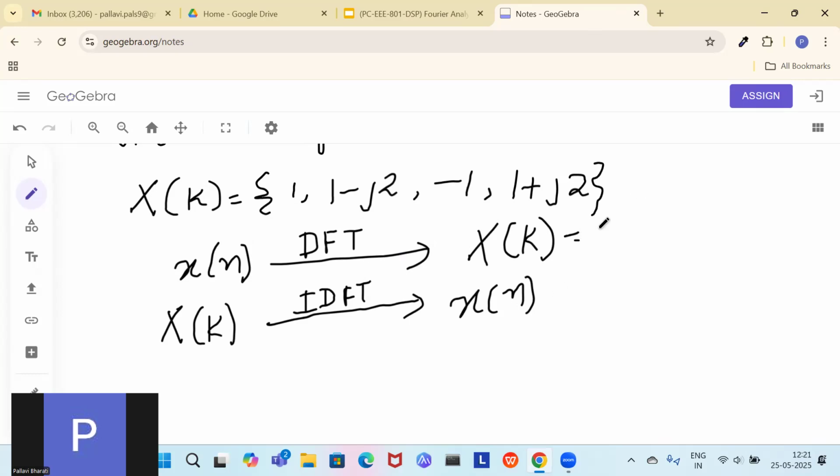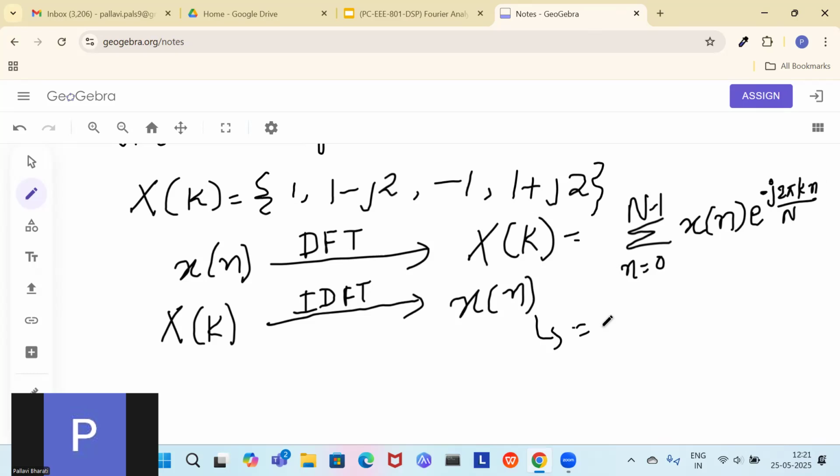The formula for X(k) is the summation of x(n), n equals 0 to capital N minus 1, e to the power minus j 2 pi k n by N. For x(n), when you are finding the inverse discrete Fourier transform, the formula is 1 by N, summation, and here you have X(k), so the range will be from k, whichever is given to you.